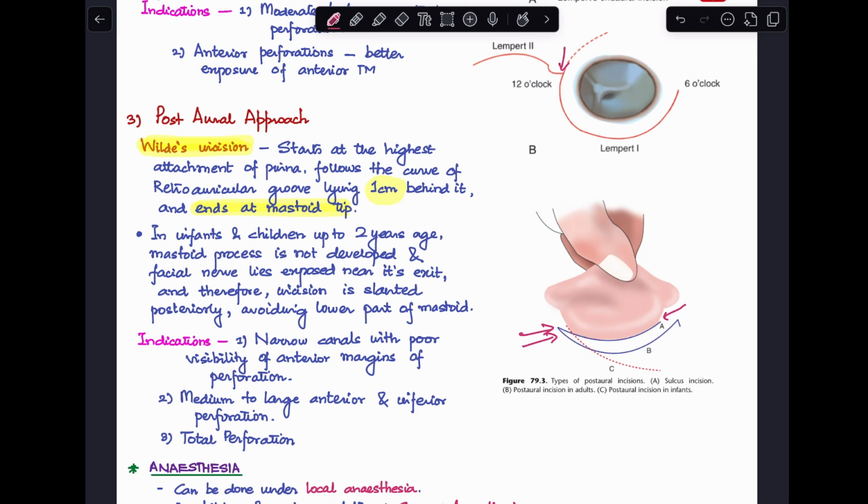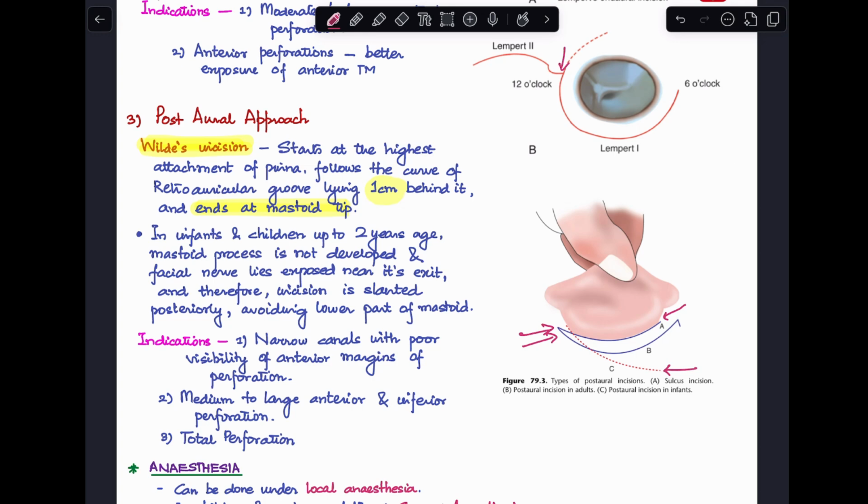However, we need to make a slight change in the case of infants and children up to 2 years of age. In these cases, the mastoid process is not fully developed and the facial nerve lies exposed near its exit. So as not to cause injury to the facial nerve, the incision is slightly modified where it is slanted posteriorly, avoiding the lower part of the mastoid.